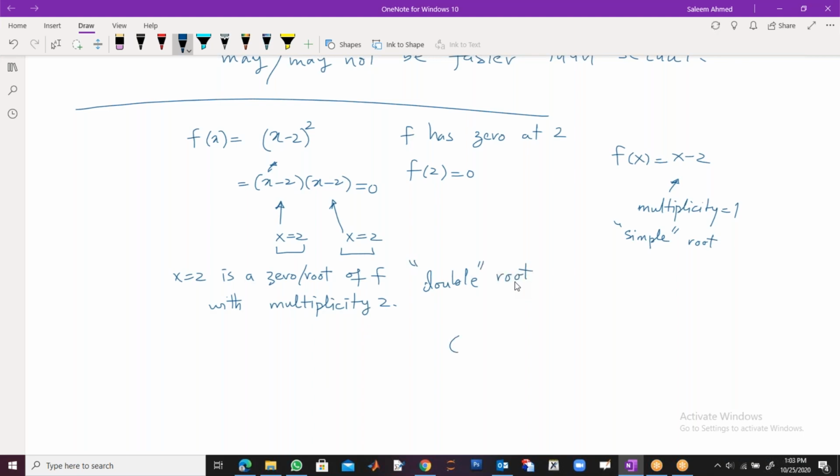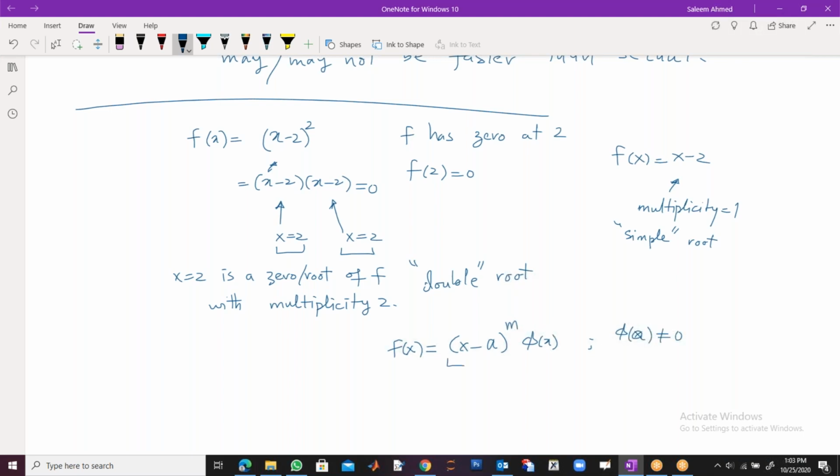Similarly, if you have any factor, let's say x minus 2 or some root, let me not write 2. If your function is (x minus some number a) to the power m, times any other function phi(x), which is not 0 at a, so phi(a) is not equal to 0.